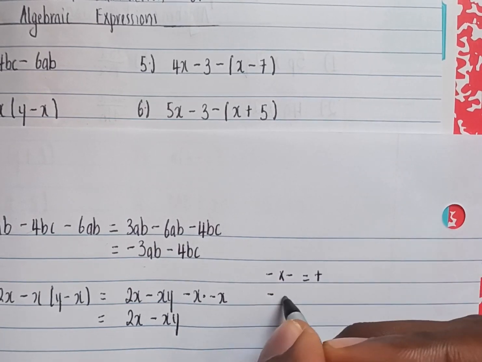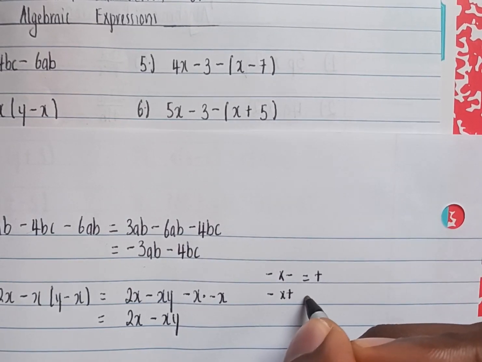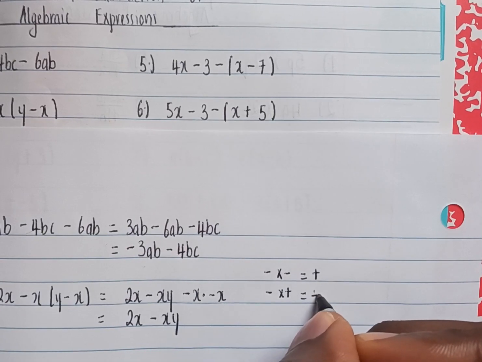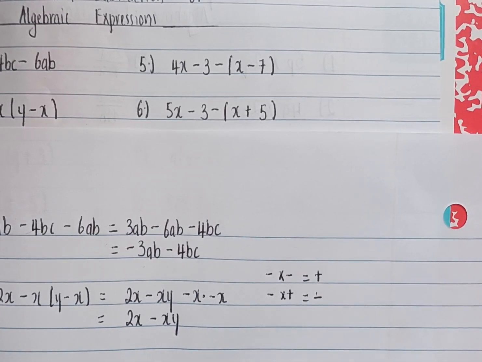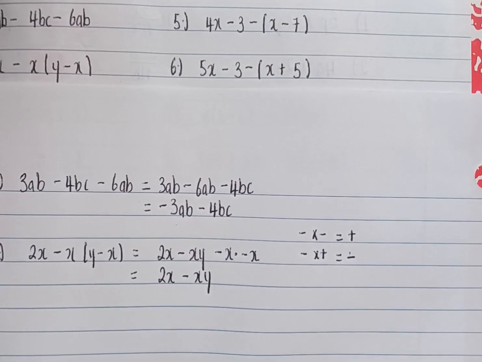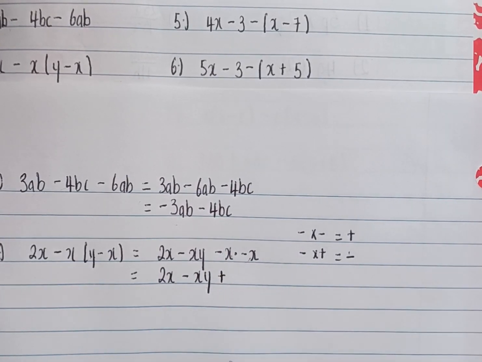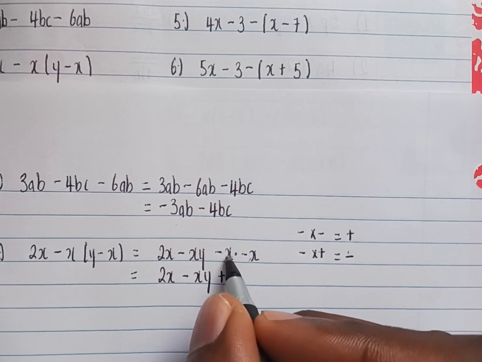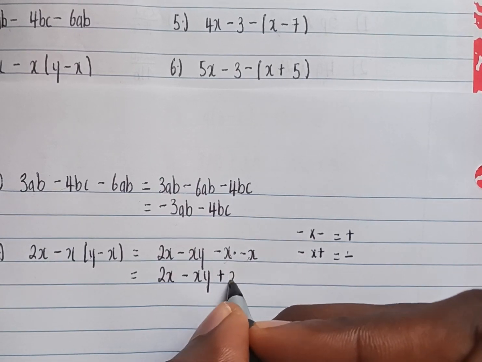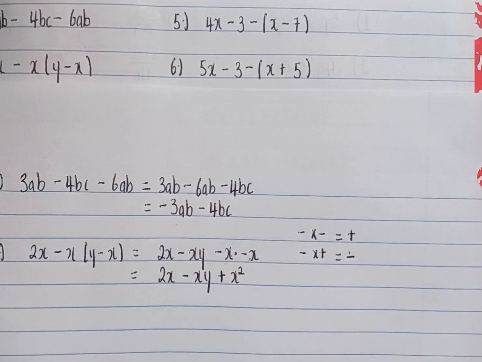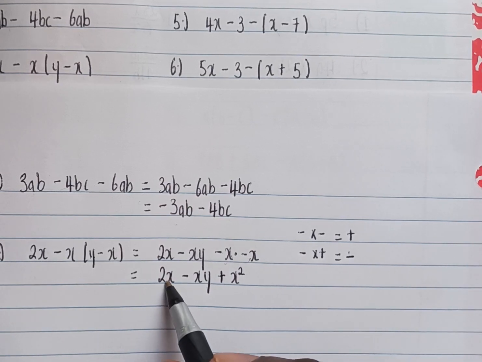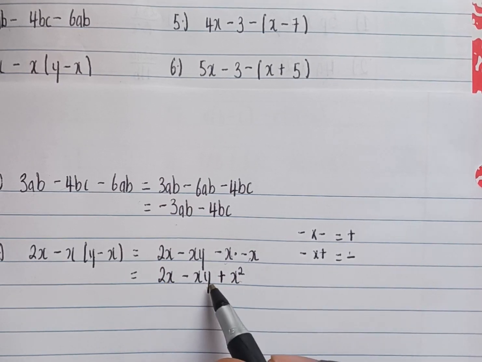A negative quantity times a positive quantity gives a negative quantity. That's how it works. So here we have a negative quantity times a negative quantity. So it gives a positive quantity, and we get x times x, which is x squared. And that's it. You see that we have different terms, so they can't be evaluated.